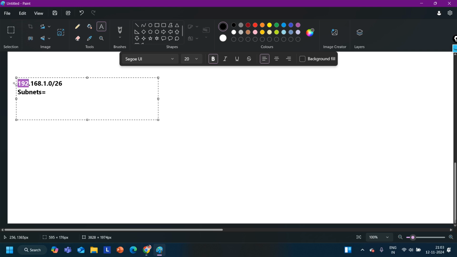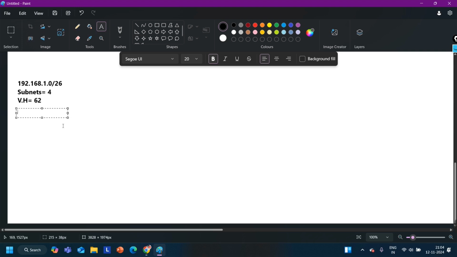You can check the first octet value, and with its help identify the class, and for all classes you already know the predefined CIDR value, the predefined network bits, right? So here subnets are going to be 4. Valid hosts per subnet: 62. Now tell me the first network ID.